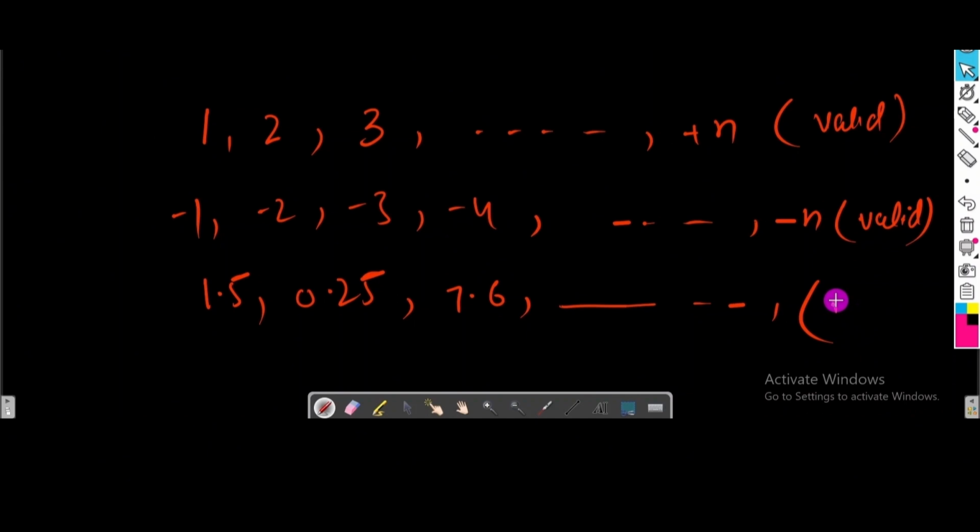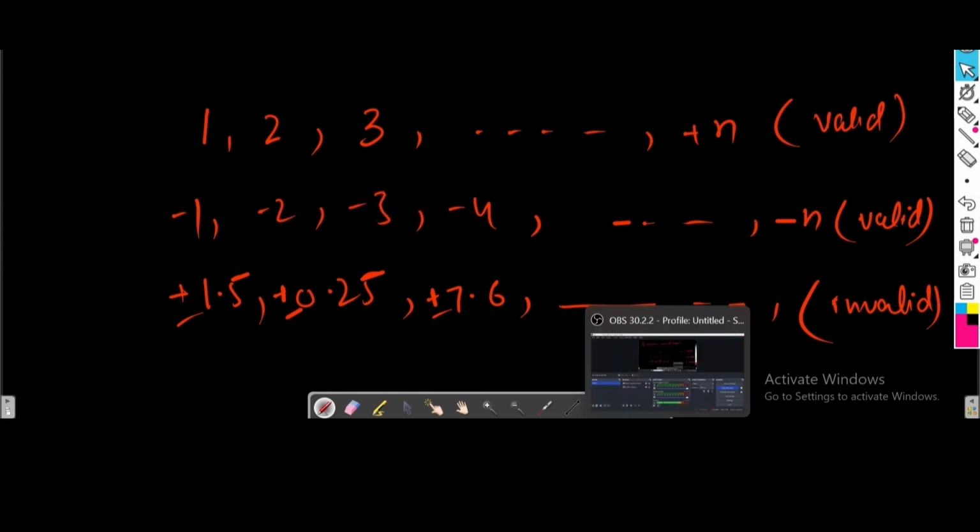So this is invalid if you say that I take plus or minus charges in this fraction form. So the charges must be in quanta form. It must be in positive and negative whole numbers.